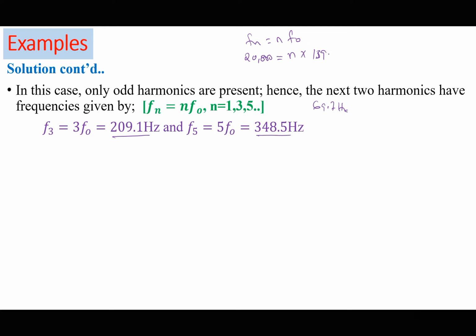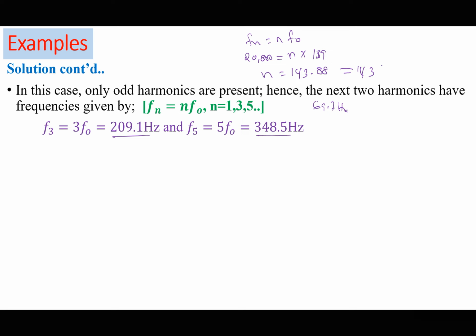I had rounded off to two significant figures. So it means N is going to be equal to 20,000 divided by 139, which gives me 143 point something. So I round off to the smallest whole number. It is 0.88. So this becomes 143.